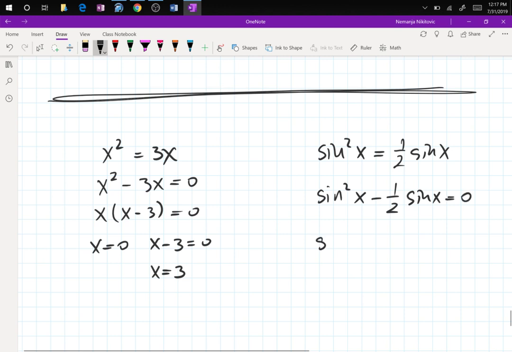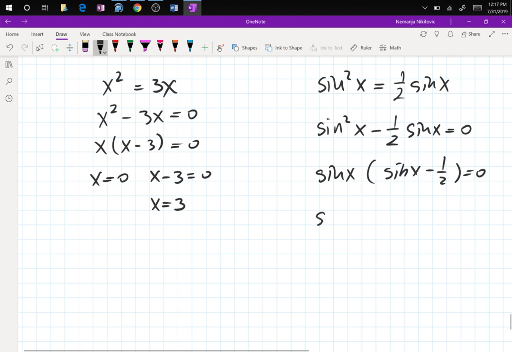And then when you factor out sine x, you have sine x times (sine x minus 1/2) equals 0. Here is sine x equals 0, and this x is 0, pi, and 2 pi. Look how many, 3 solutions. You would lose them all if you just canceled sine on both sides. Do you see that?